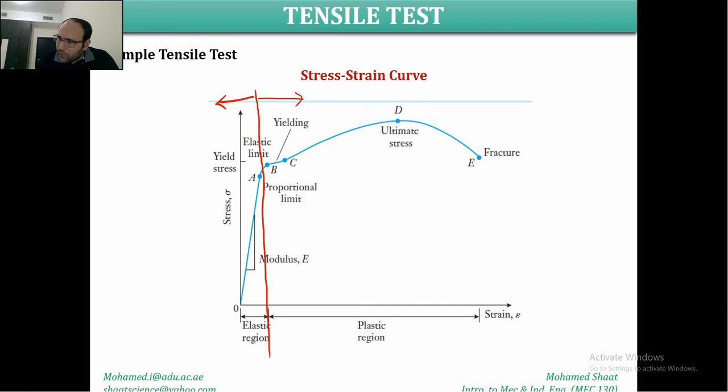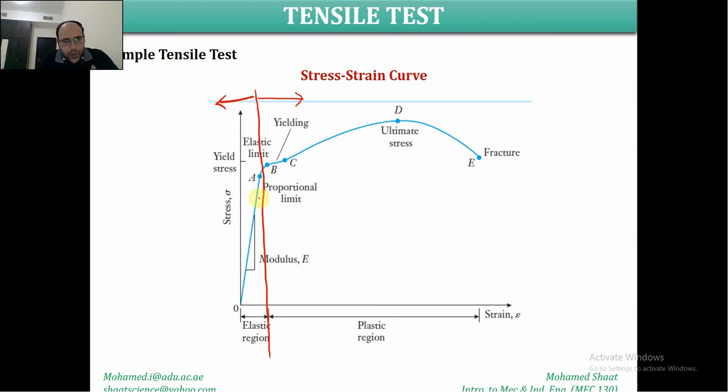So the behavior of the material in elasticity is different than its behavior in plasticity, and we are going to explain this in more detail. Make sense? But now, one of the important things about the yield point or the yield region is that it can distinguish between the elastic and the plastic behavior of the material.